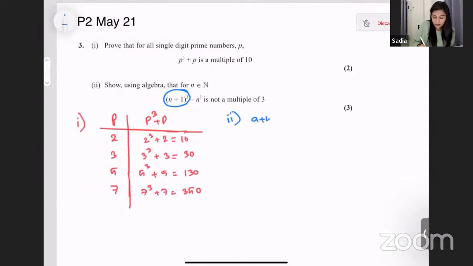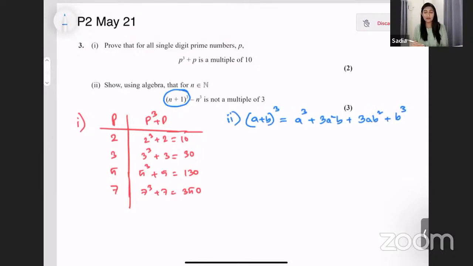Just like we know the expansion of a plus b, a squared plus 2ab plus b squared, similarly, you can remember the expansion of a plus b whole cube. That's a cube, 3a square b, 3ab square plus b cube, which is actually from the binomial expansion. So you can remember this formula.